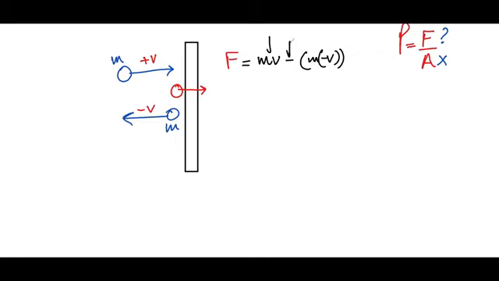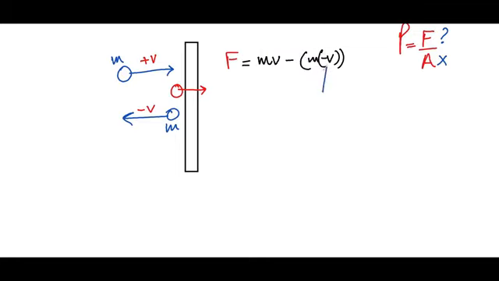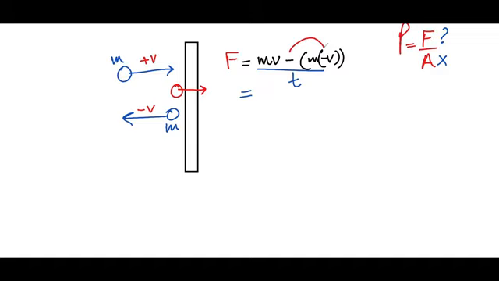So that negative sign is because of the formula of the change. And this negative sign is because of the velocity of the object. Of course, the divide by time is still a part of this equation. What I see over here is that this negative sign is cancelled by this negative sign, and what I'm left with is 2mv divided by t.